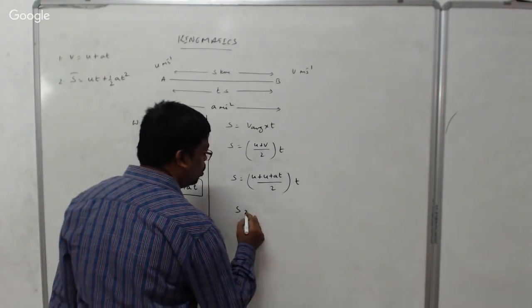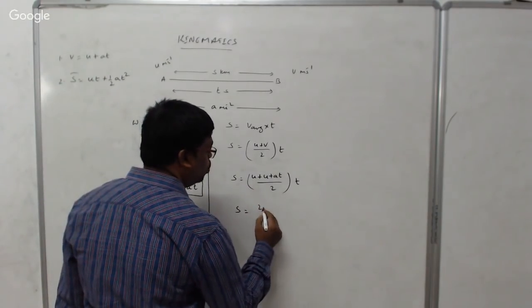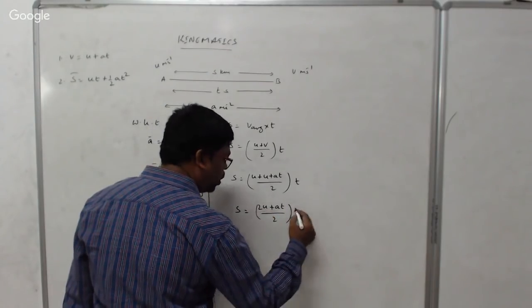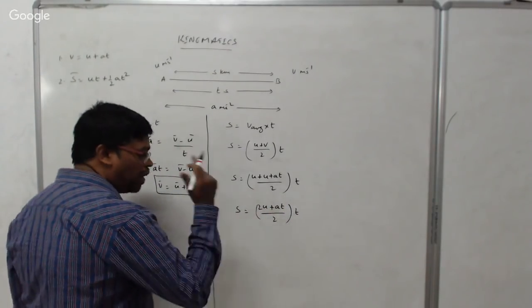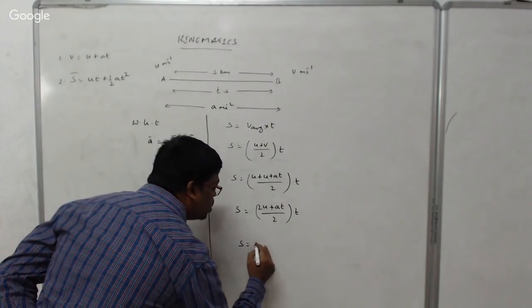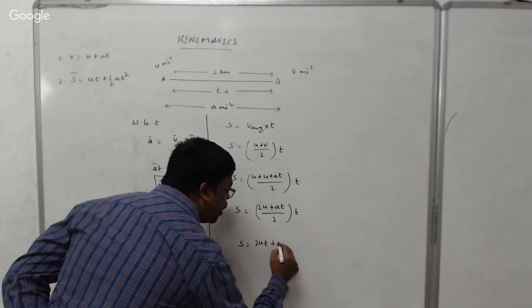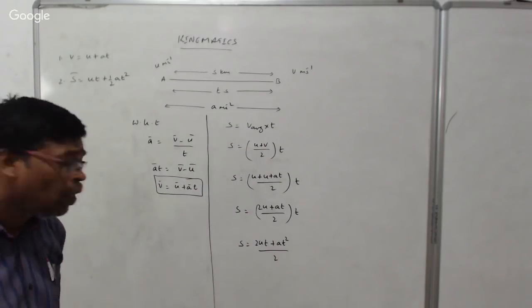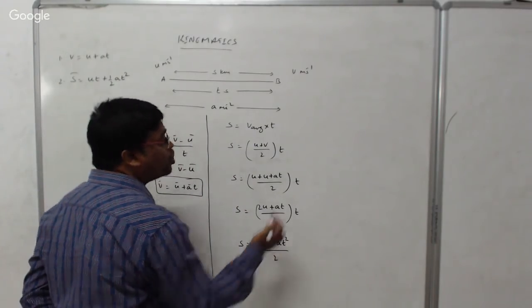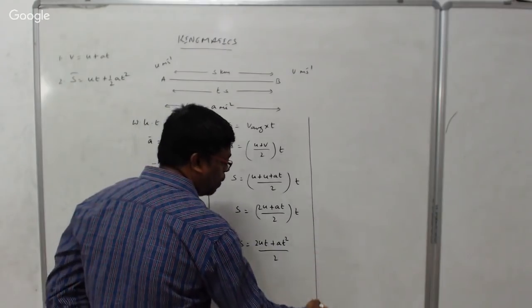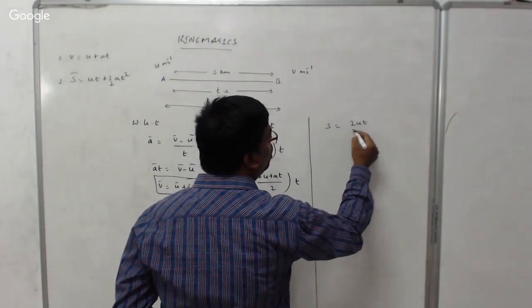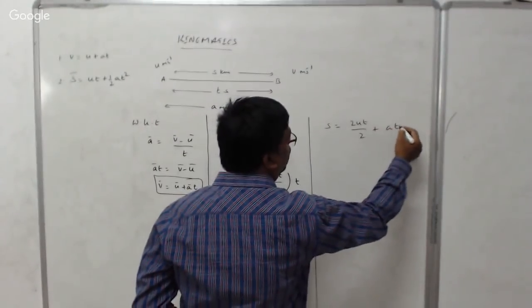Now u plus u, (2u + at) by 2 into t. Now multiply with the t. s is equal to (2ut + at²) by 2. Now you can split this expression as s is equal to 2ut by 2 plus at² by 2.